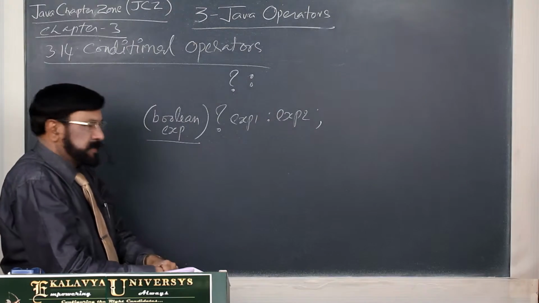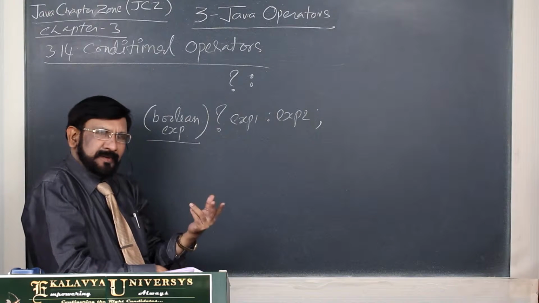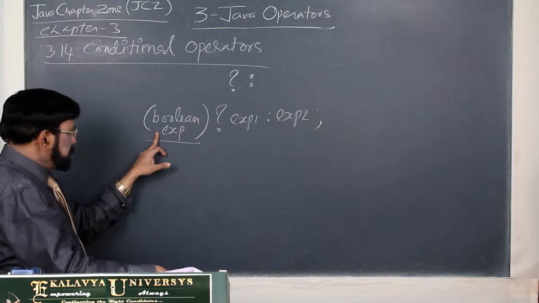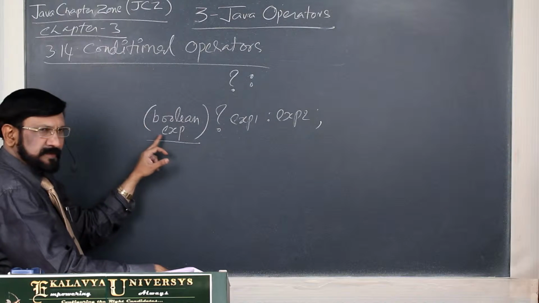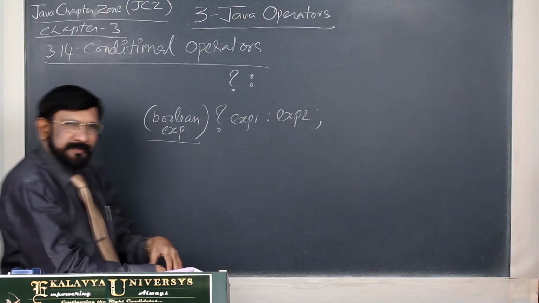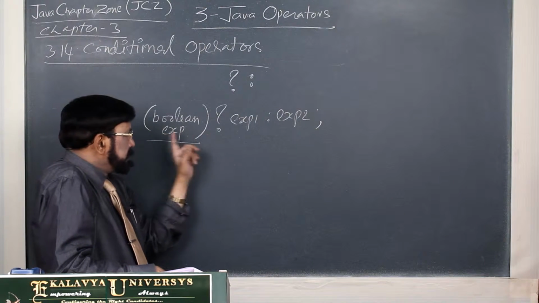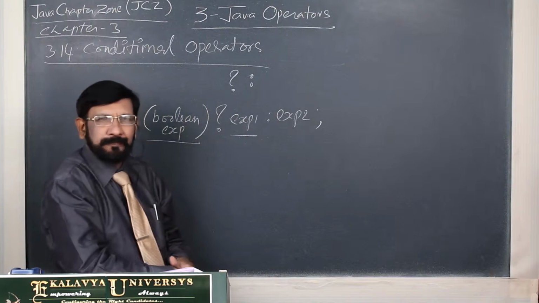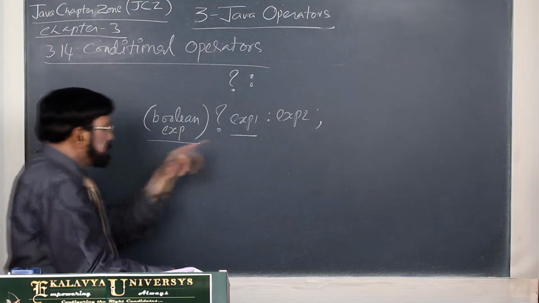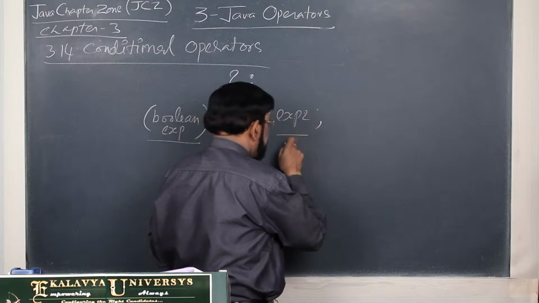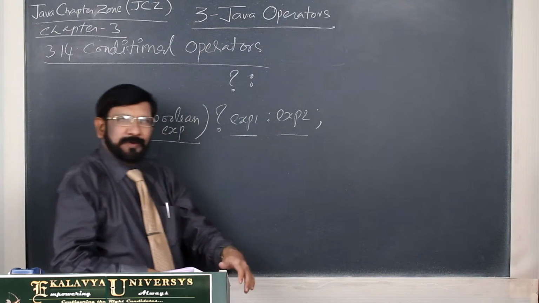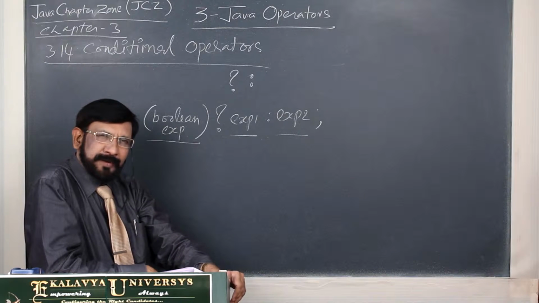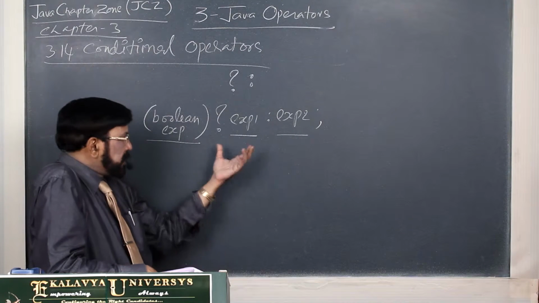Now, how does it work? A Boolean expression means the result is either true or false. If the result of this expression, whenever it is evaluated, is true, then the result is expression 1. If it is false, the result is expression 2. Even though it is an operator, it performs a selection control structure.